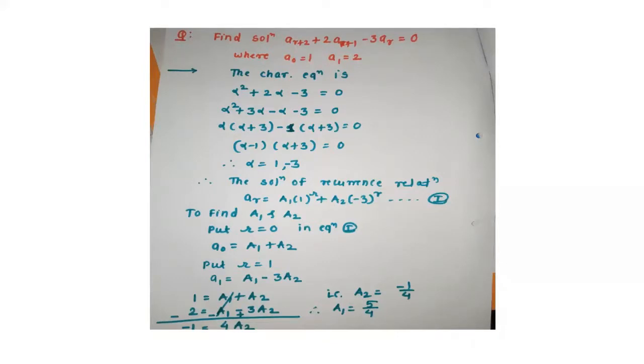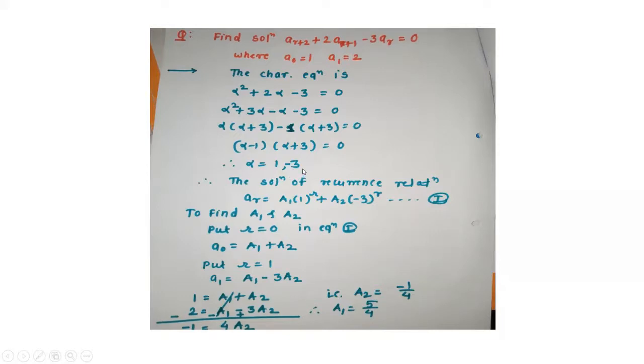Here multiplication is minus 3 and addition is 2, so alpha square plus 3 alpha minus alpha minus 3 equal to 0. So alpha is equal to 1, minus 3. These are the two roots for the given equation.